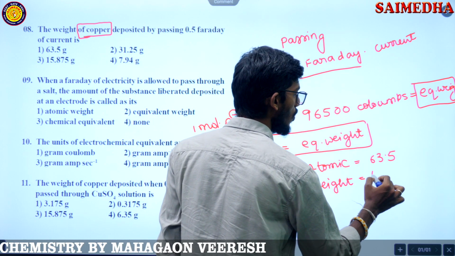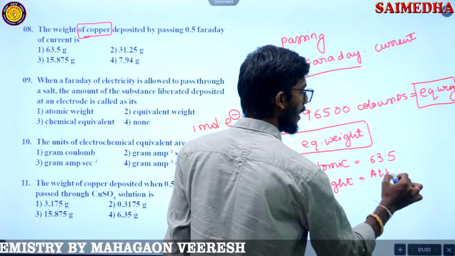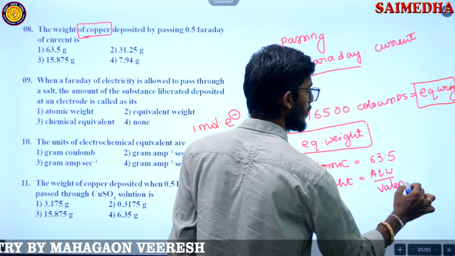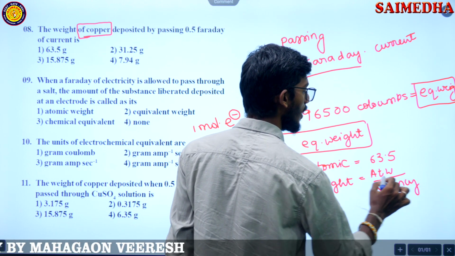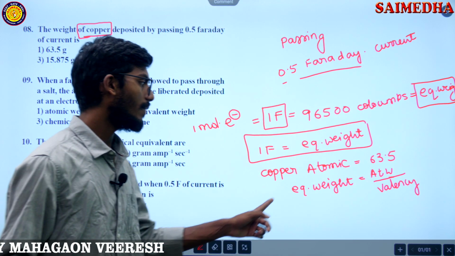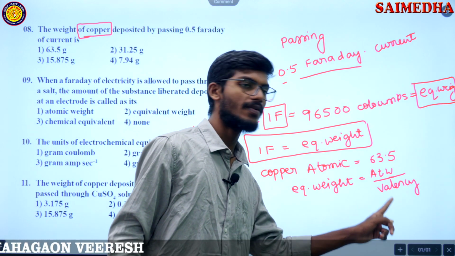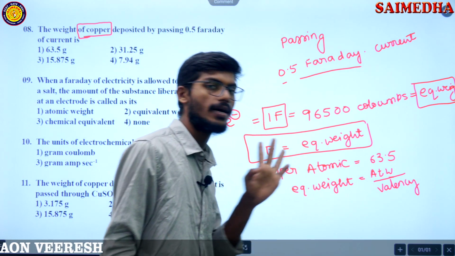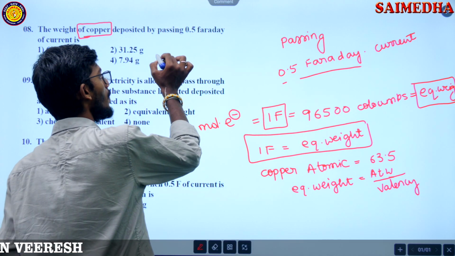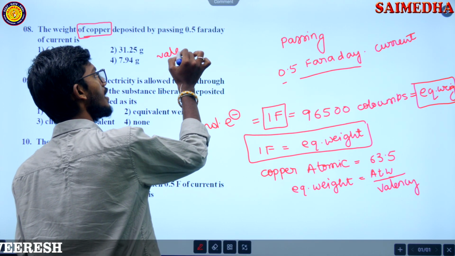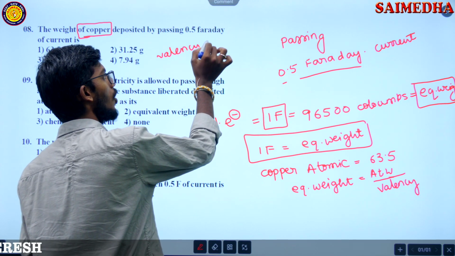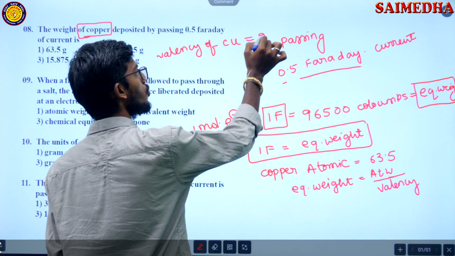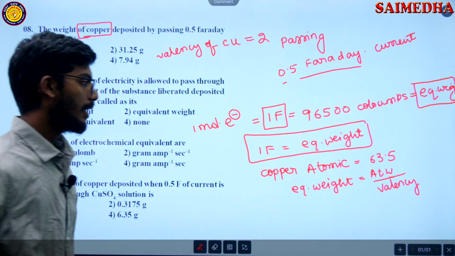It is equal to atomic weight by valency. Atomic weight by valency, right or wrong? Equivalent weight is equal to atomic weight by valency. Now what is the valency of copper? Valency of copper is 2, right?